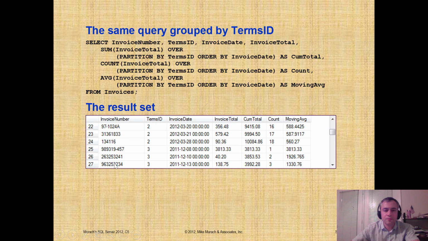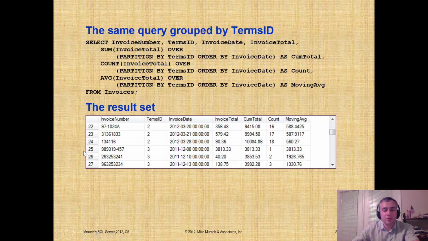And we are computing cumulative total, counts, and moving averages for each terms ID and by invoice date. So within each terms ID, we are ordering all the relevant rows of our original table, and we are computing a cumulative total, and we are computing a count.